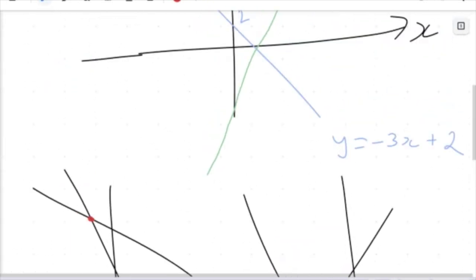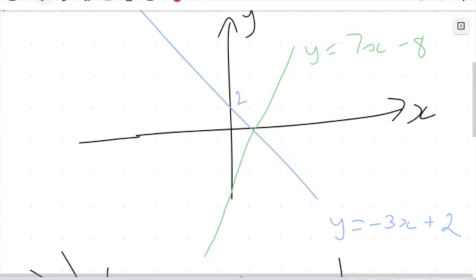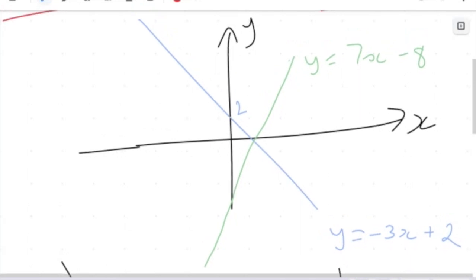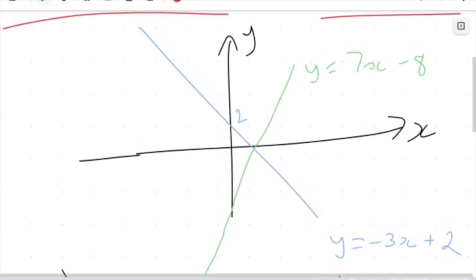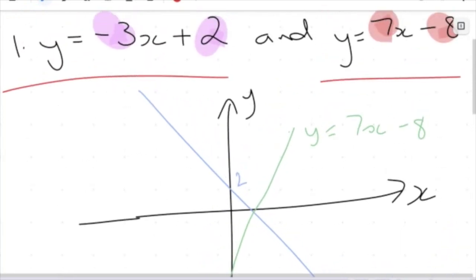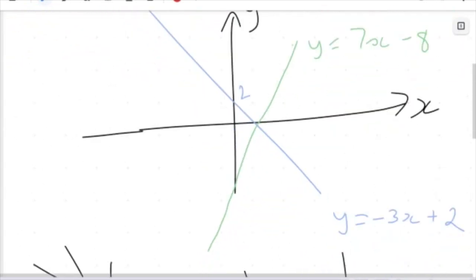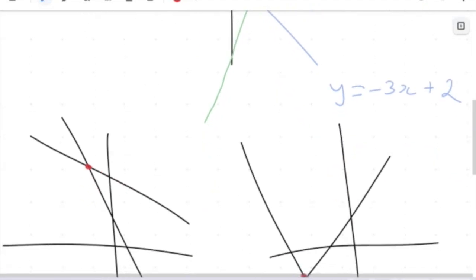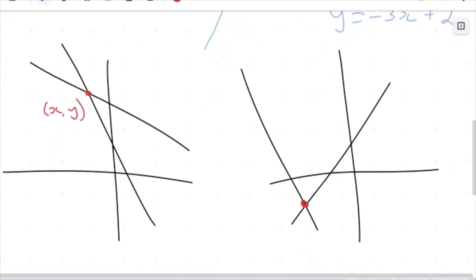And we will see this happening all the way through our discovery and investigation into simultaneous equations. Now, these two graphs and any other graphs, they always intersect at one point. Let's call this point x, y.